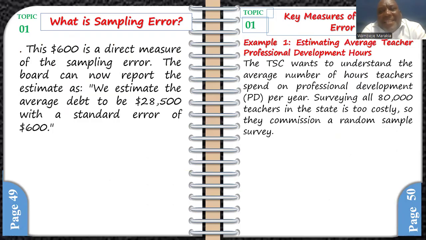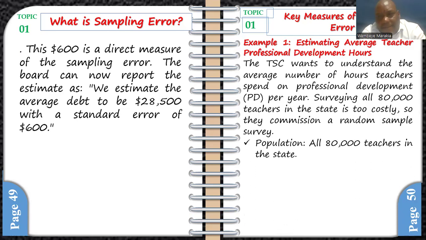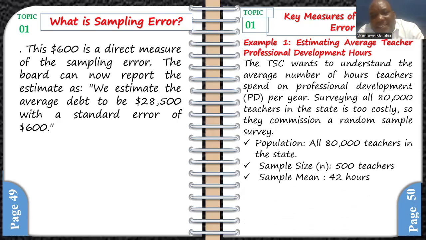Example: estimating average teacher professional development. The TSC wants to understand the average number of hours teachers spend on professional development per year. Surveying all the 80,000 teachers in a state is too costly, so they commission a random sample survey. The population is 80,000 teachers.